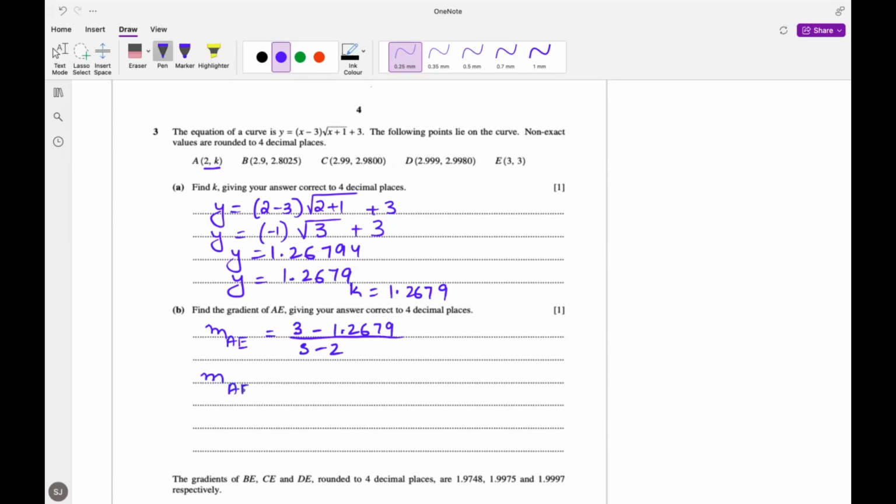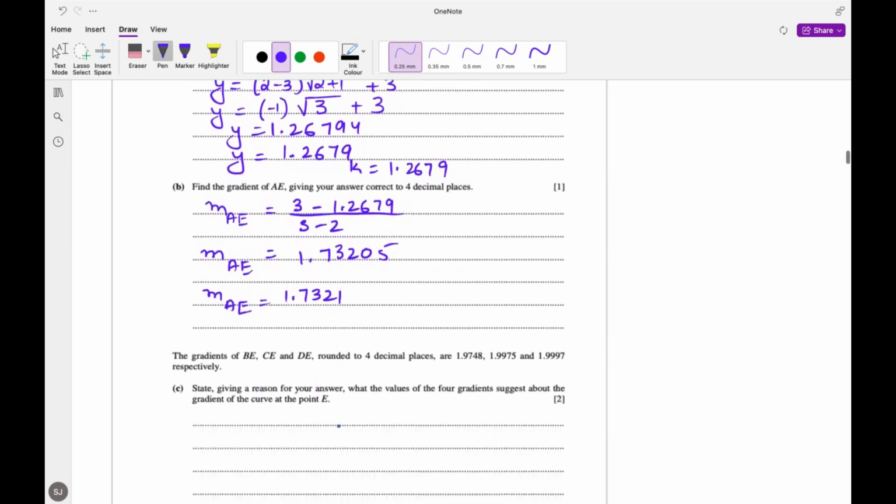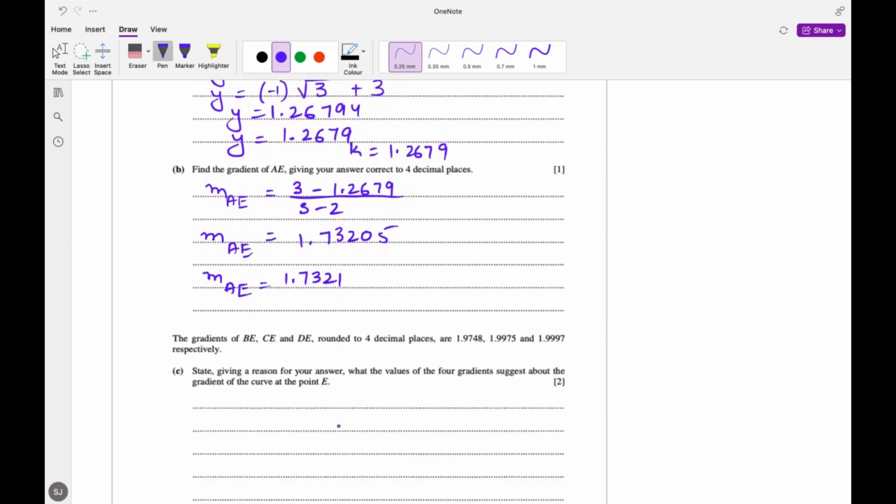So the gradient of AE is equal to 1.73205. Rounding it off to 4 decimal places, the gradient of AE will be equal to 1.7321.